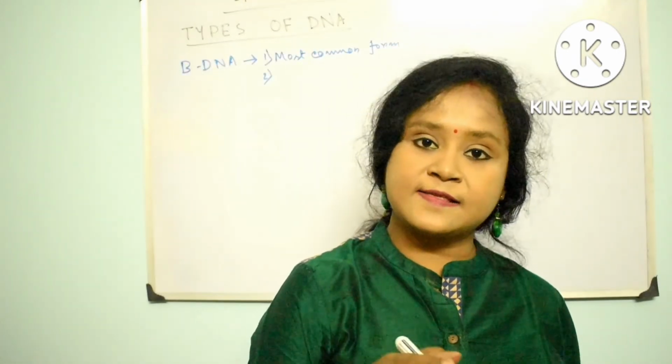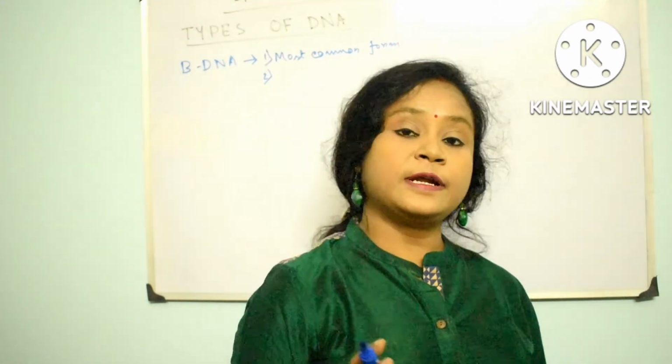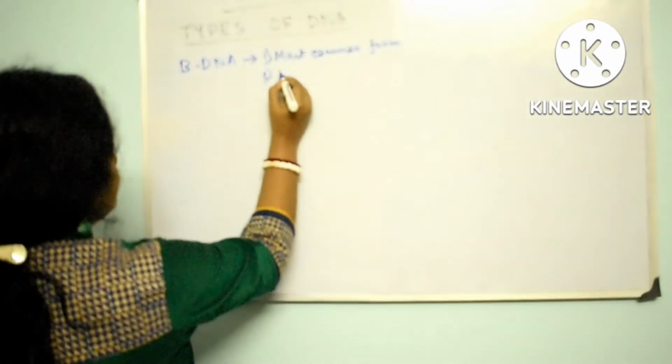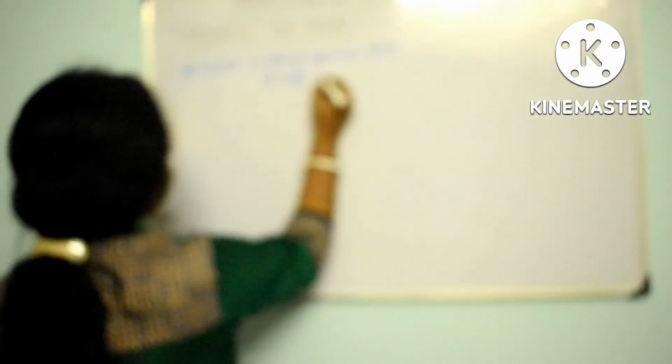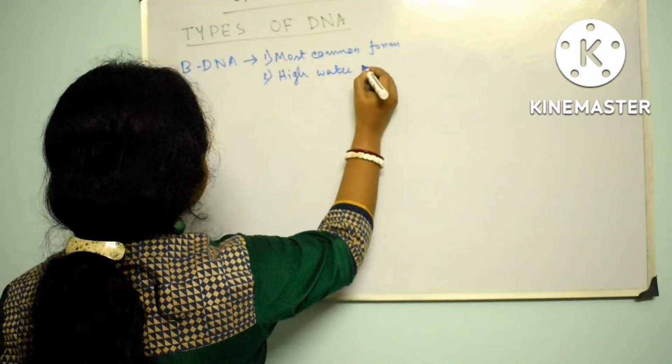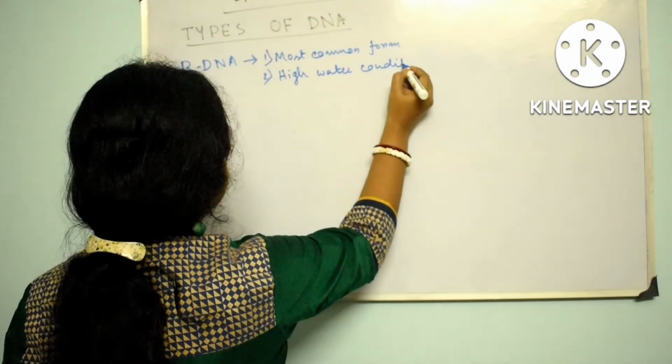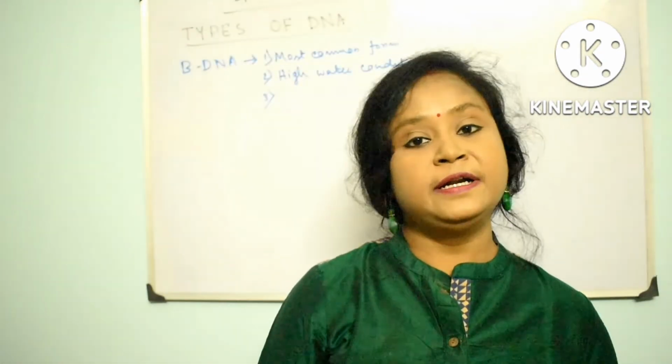Its wide major groove makes it highly accessible to proteins. B DNA is found in high water conditions. B DNA base pairs are nearly perpendicular to the axis.